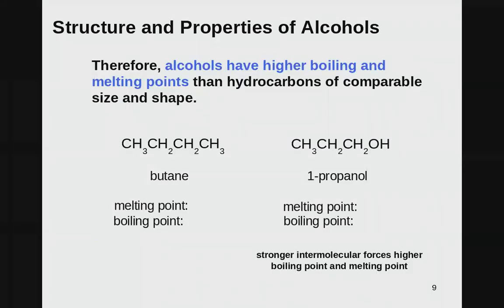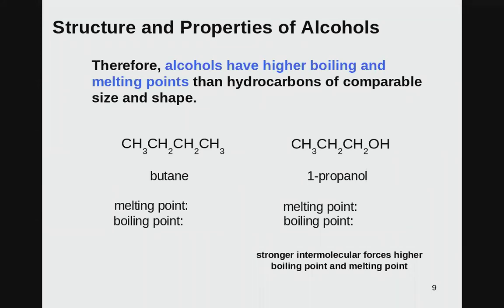Now, our alcohols have an inherently higher boiling point and melting point than hydrocarbons of comparable size and shape. So we can just do an example here. We have butane, C4H10.